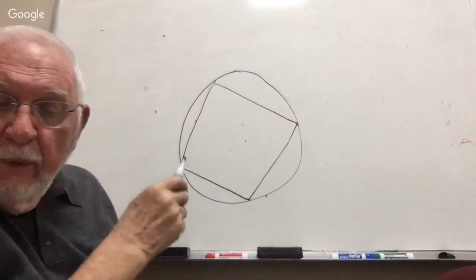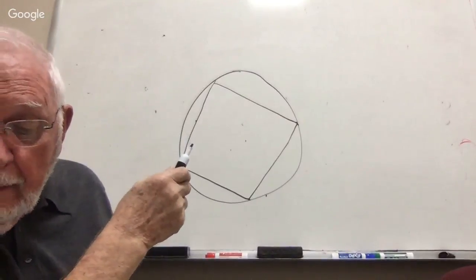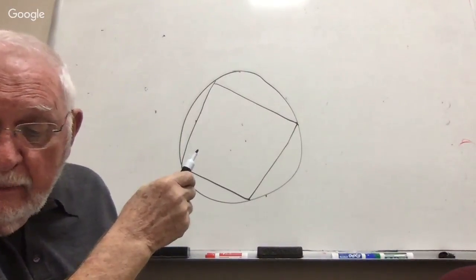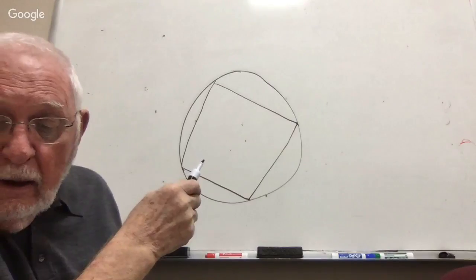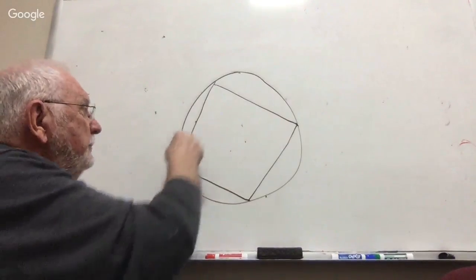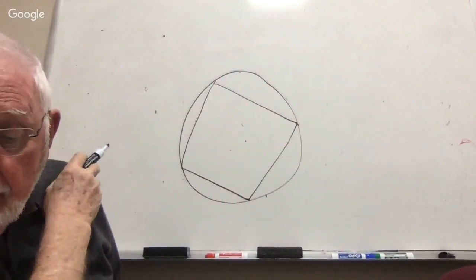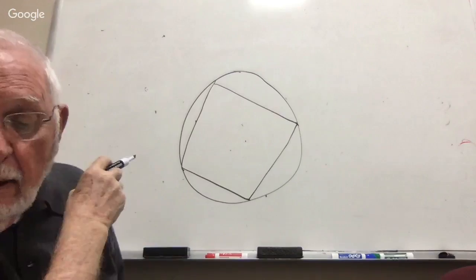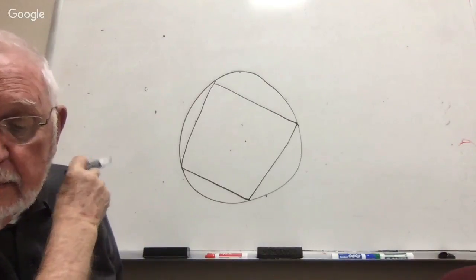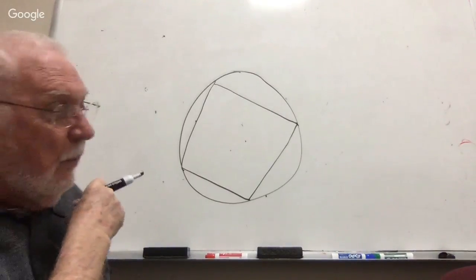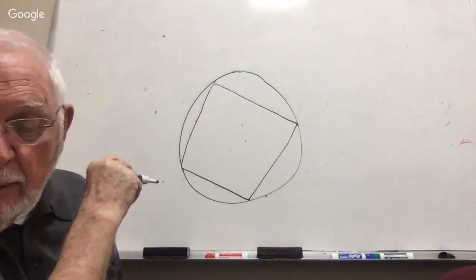Now, we got a circle and we have a rectangle that's built inside this circle. Wait, a rectangle or a quadrilateral? Well, it's actually going to turn out to be a square when I read the rest of the problem.